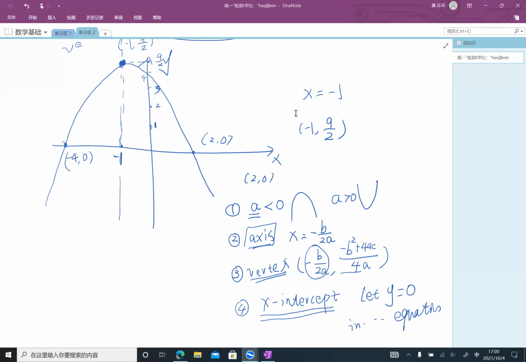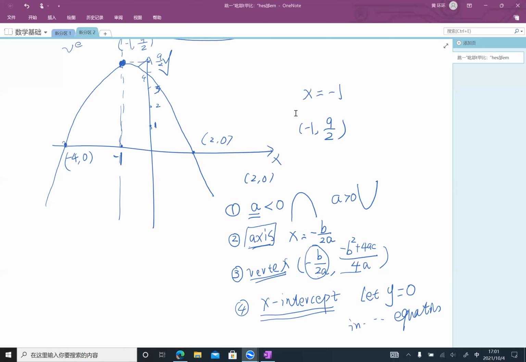You must finish in half an hour, and before that you need to send your answer sheet to my email, not in the WeChat group. You must write your student number and your name in the answer sheet.